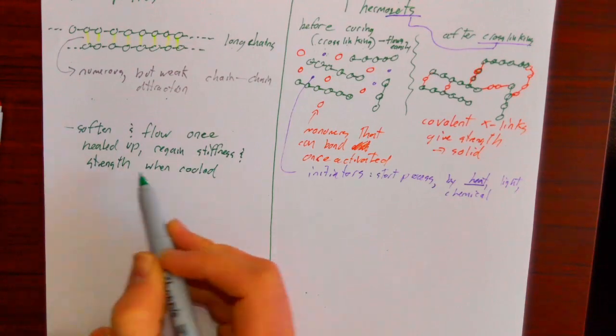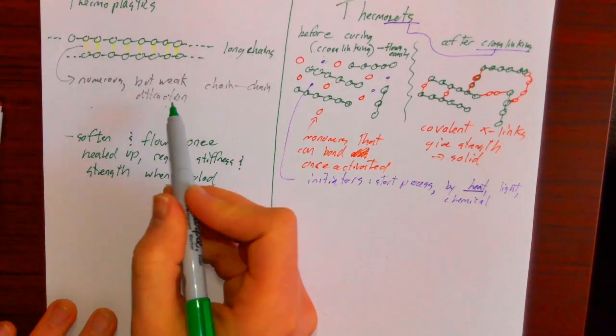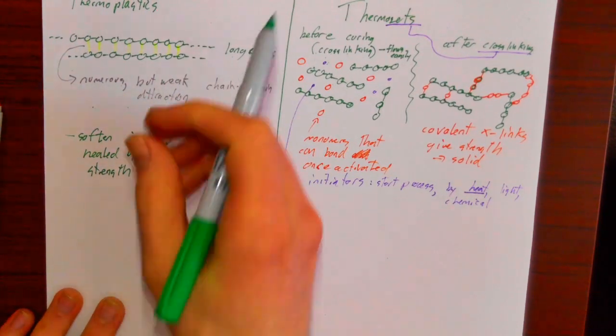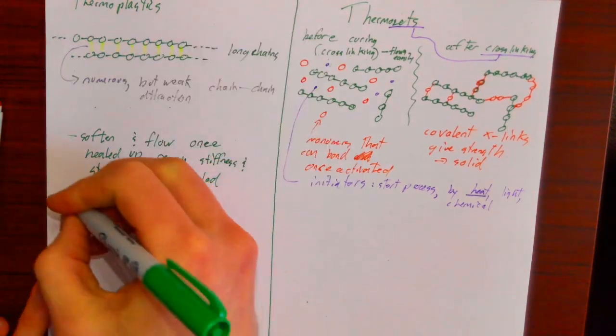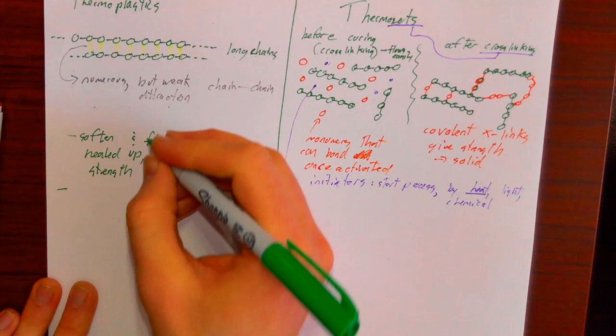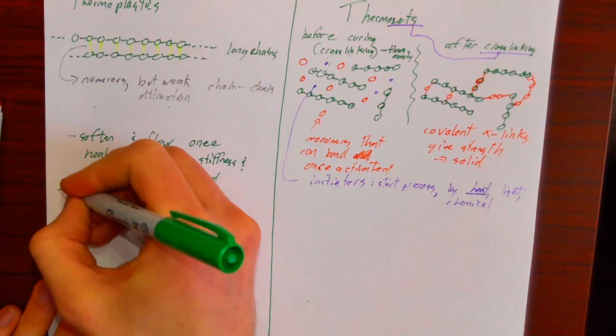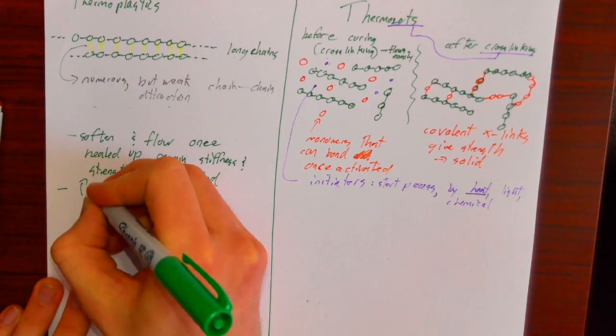They soften, and the idea here is that because these weak chain interactions can be broken and then reformed, and broken and then reformed, this process of softening and flowing can be repeated.